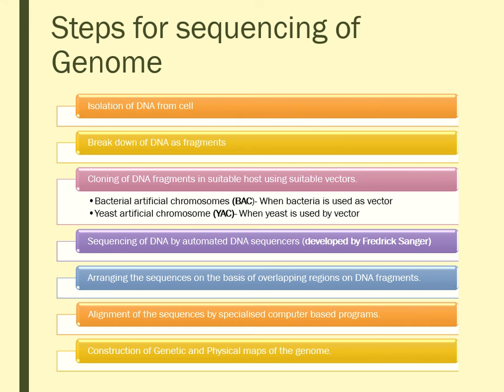Then sequencing of DNA by automated DNA sequencer, based on the method developed by Frederick Sanger. Then arranging the sequences on the basis of overlapping regions on DNA fragments. Then alignment of the sequences by specialized computer-based programs. Finally, construction of genetic and physical maps of the genome.